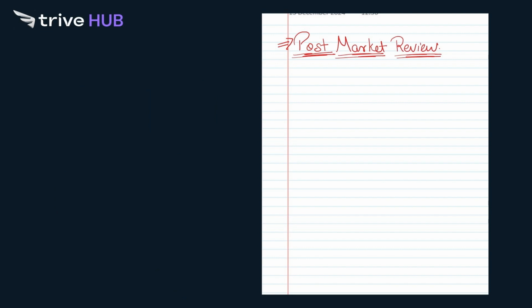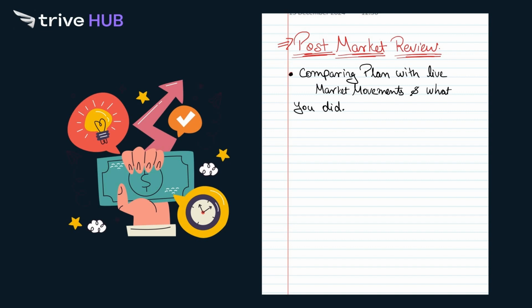After you have completed your day of trading, you still have to do some work, which is comparing what you have planned, what the actual market movement was, and what you did. Did you follow your plan or did you abandon it? Okay, and then write down all of the executed trades and mark the non-triggered trades on a separate page so that you can keep track of those for the next trading sessions.